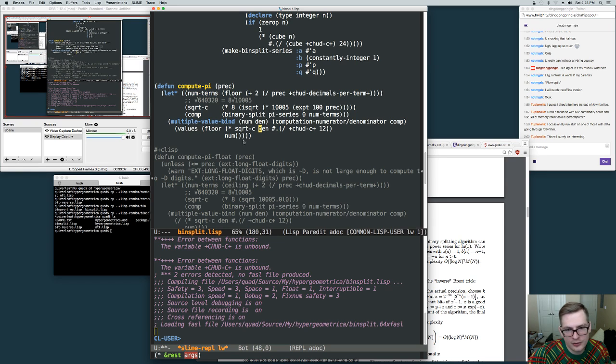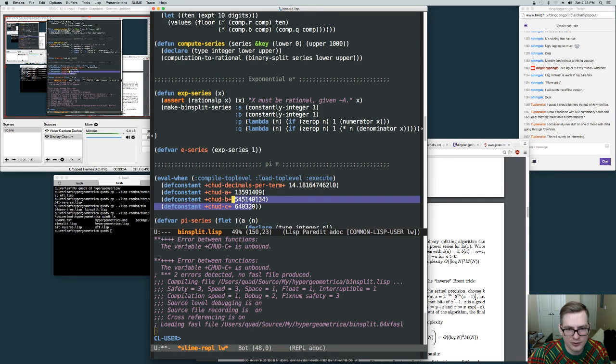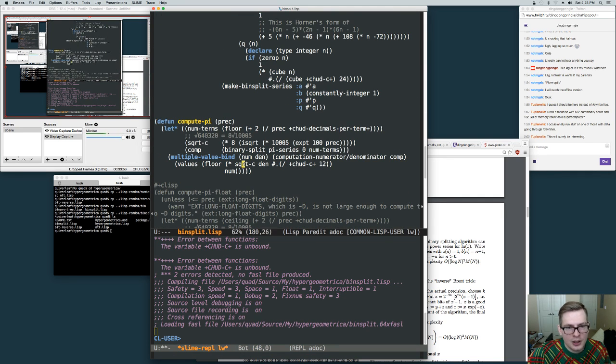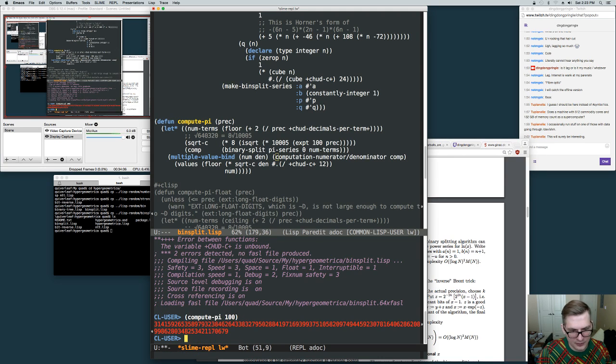We invert the numerator and denominator because we're actually computing 1 over the square root of pi, so we need to compute the reciprocal of that, so we do denominator over numerator, and then multiply by this other factor, which is 640,320 divided by 12, I think. Let's see, yeah, 640,320 divided by 12. And that should give us pi.